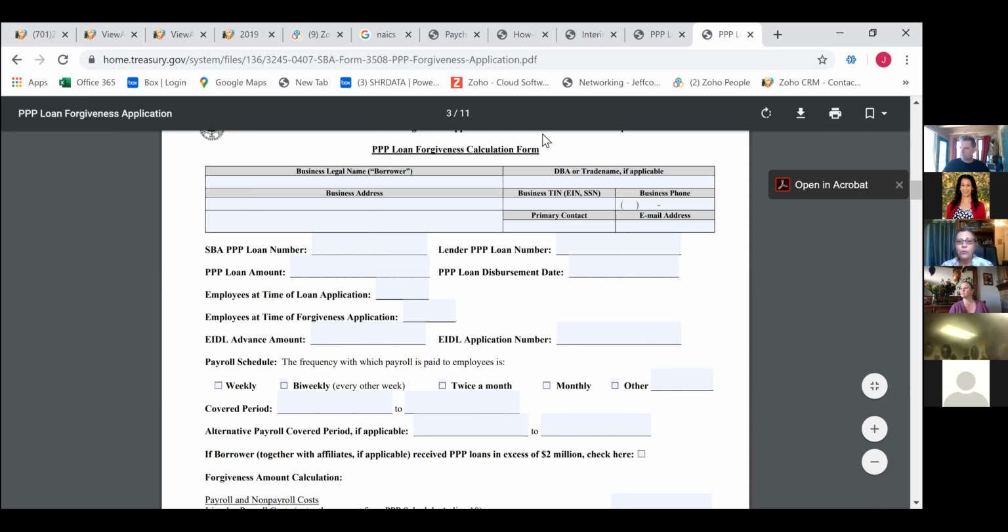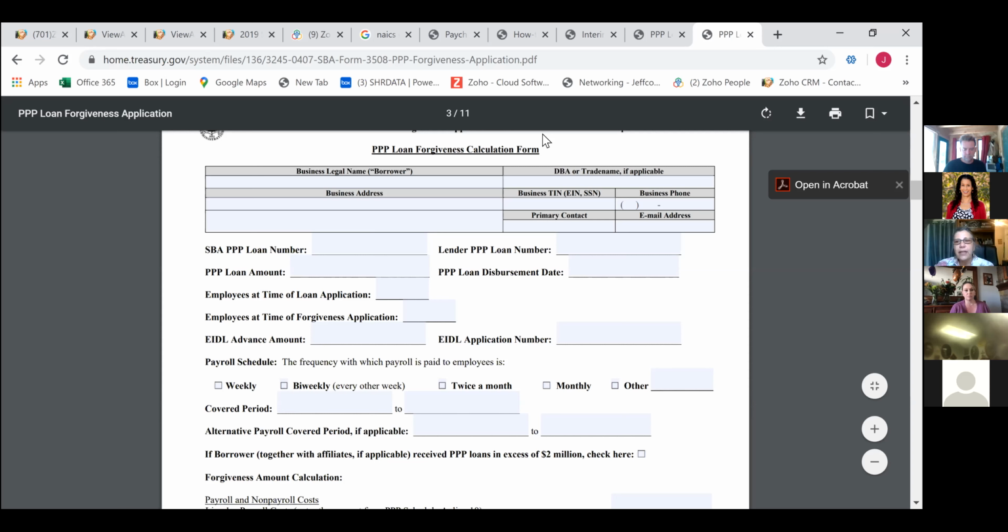Then if you did receive an EIDL, how much that was and what that number was. And this payroll schedule is important. How often do you pay? Because that's going to go into the worksheet. So the covered period is a 12-week period.